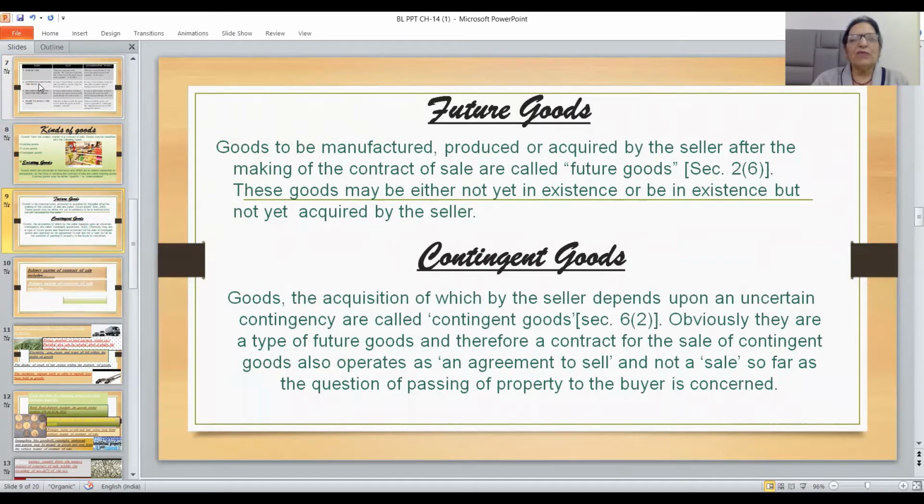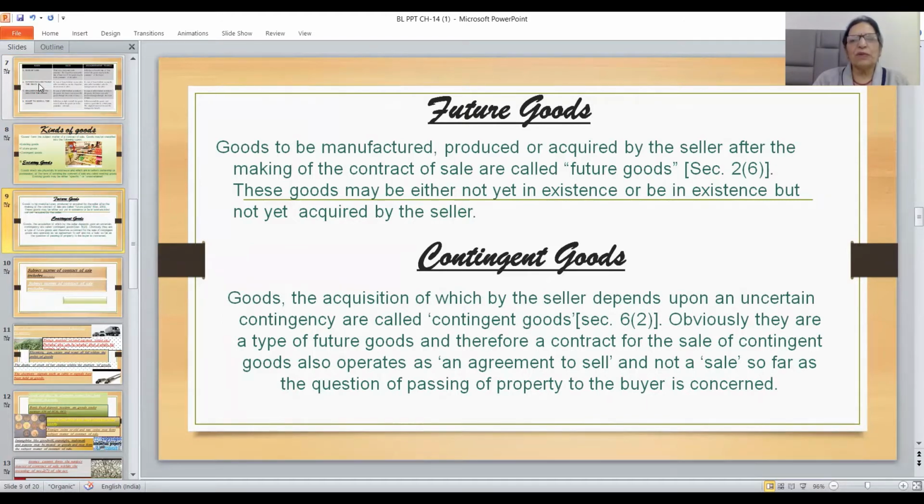Now, then we have the specific goods. Specific goods are those goods which are identified and agreed upon by the seller and the buyer at the time of formation of contract. But ascertained goods are the goods which are identified by the buyer, subsequent to the formation of contract of sale. Now, future goods are the goods which are not in the possession of the seller.